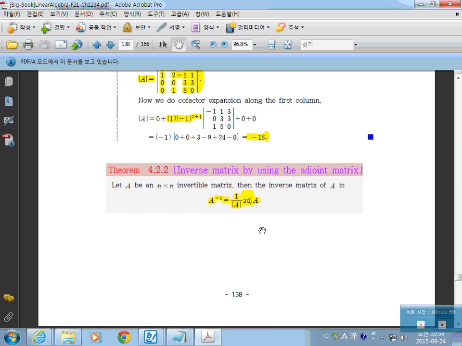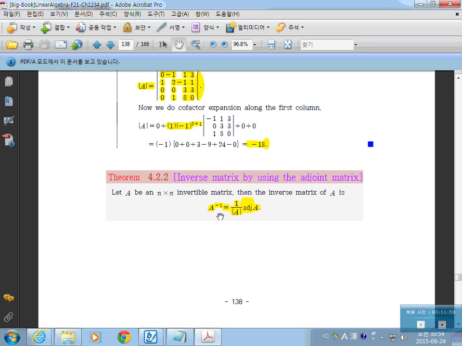Also, from the observation that we had, A times the adjoint of A is the determinant of A times the identity.